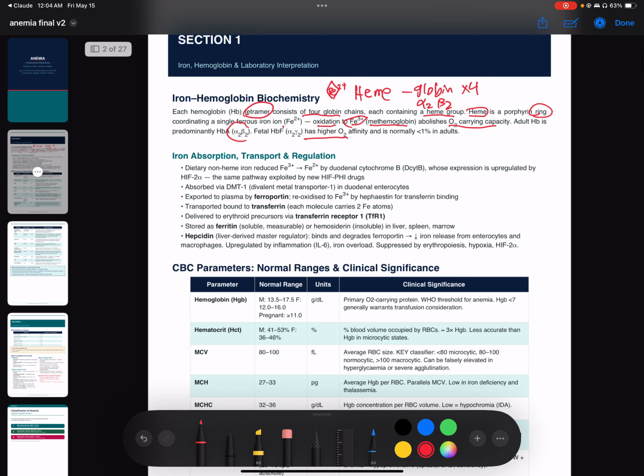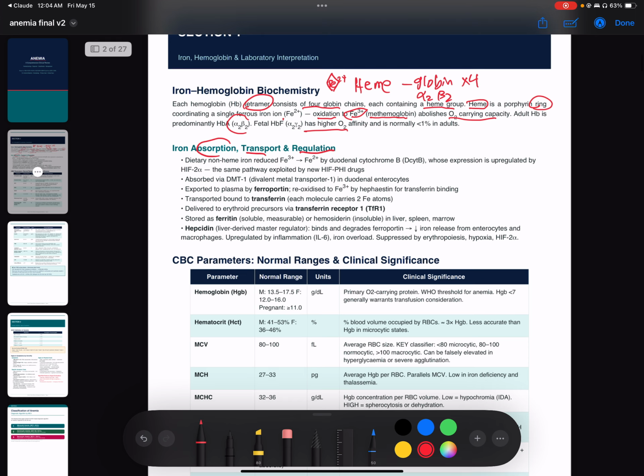So, between iron absorption, transport, and regulation, what basics do you need to know to understand what we'll talk about further. So, dietary non-heme iron: iron can be bound to porphyrin, which will be heme, but the iron we eat from the diet is non-heme iron, which means it's not bound to a porphyrin ring.